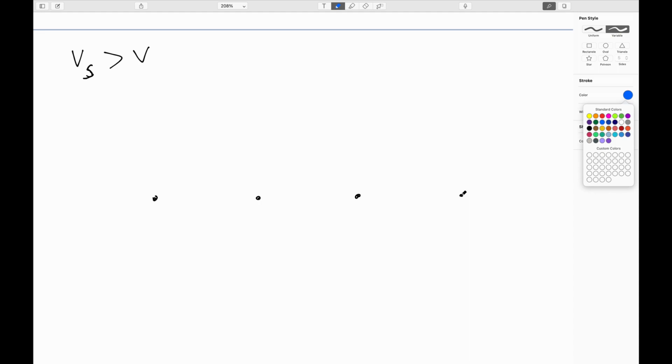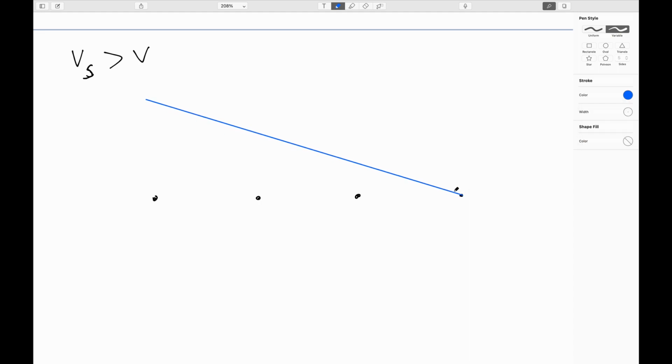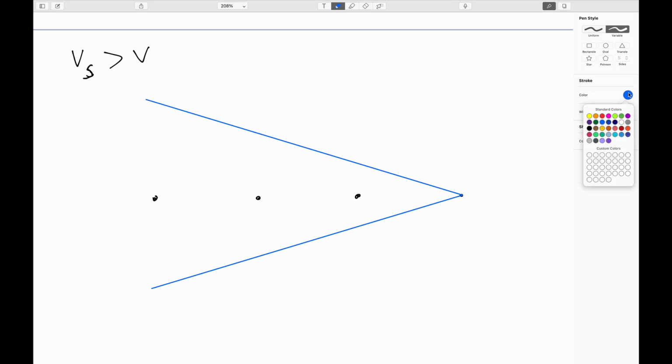In fact, I'm going to kind of cheat it a little bit because I know what it should look like. Okay, something about like that. All right, now let's go pick out some circles.